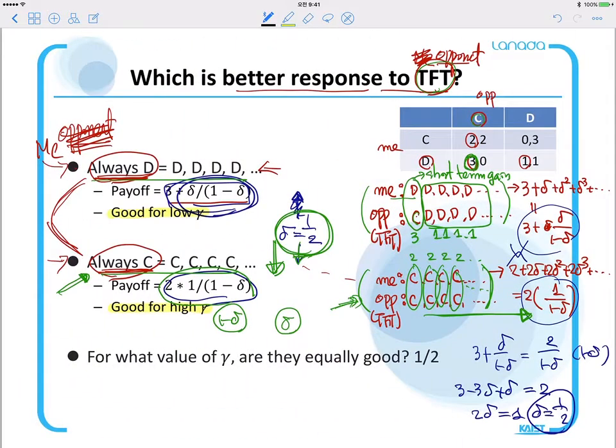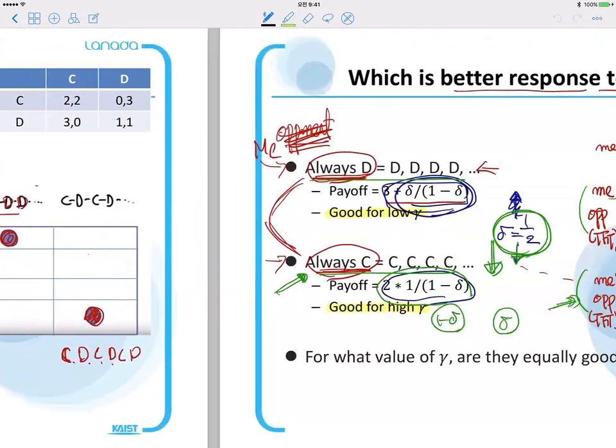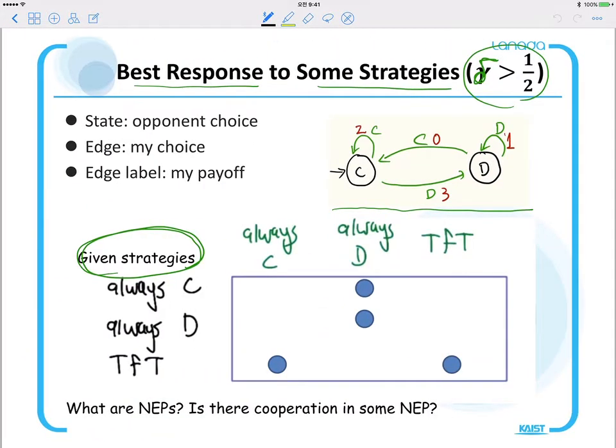Different from the earlier case, where the opponent move was the arrow, here let's assume that the state is the opponent's choice, and these arrows are my strategy. The edge is my choice, and the edge label is my payoff. I mean, I can switch my opponent's position and my position. That's what I'm saying.